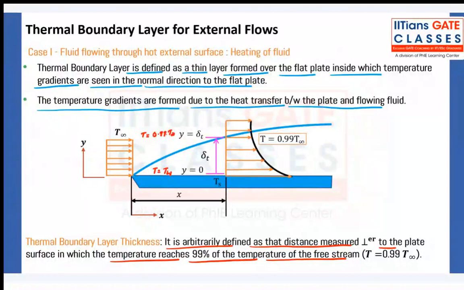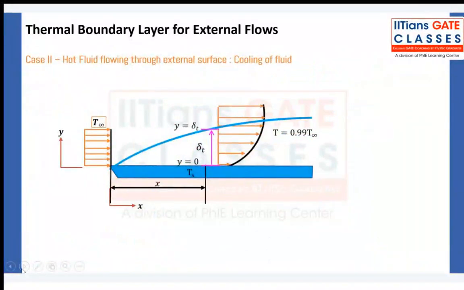Okay. What about cooling of fluid? Now here the plate is at Ts and this is T infinity. Here Ts is less than T infinity, which means hot fluid is flowing over the solid plate.